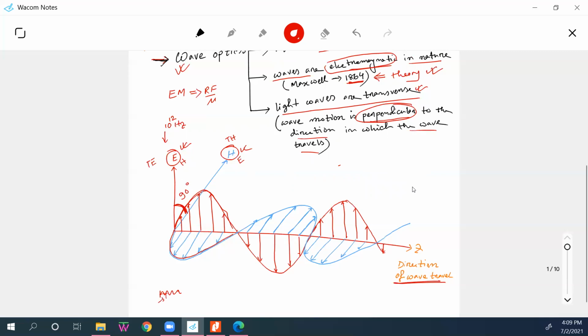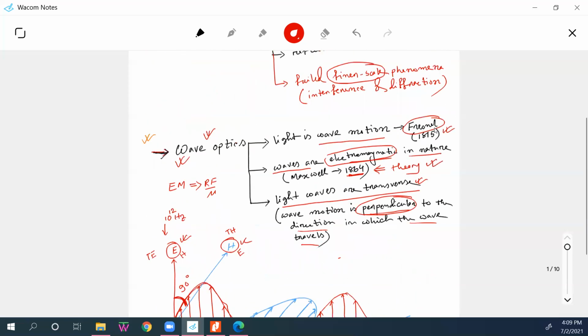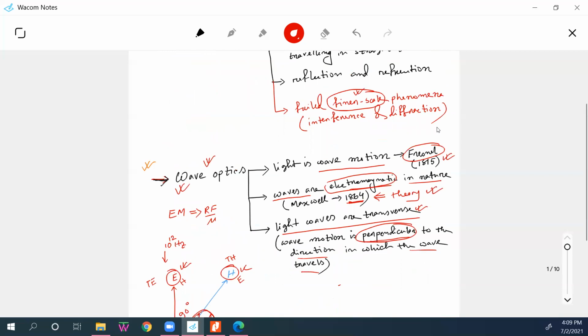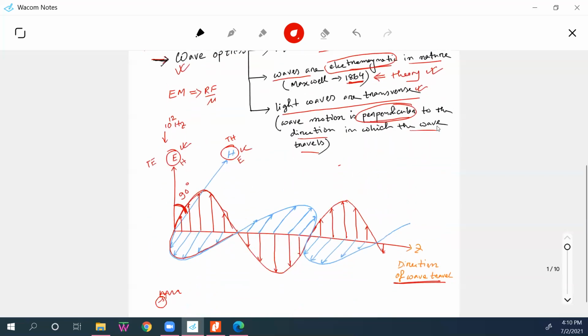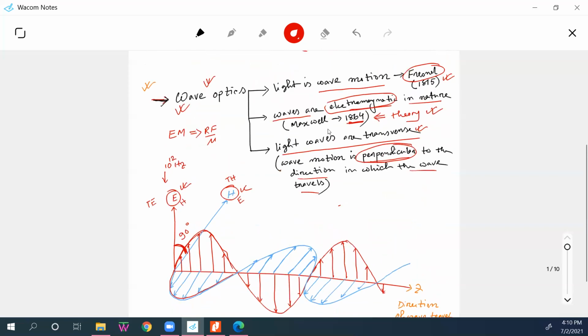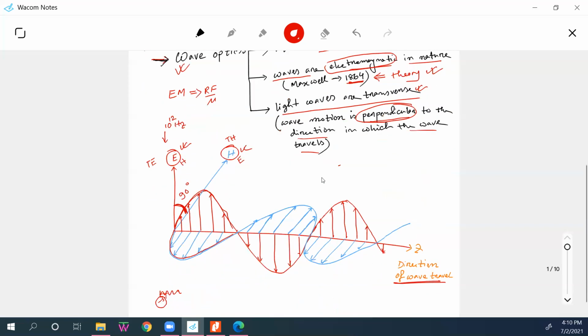If this is very small, then that is what we mean by the finer scale. When this is very small, then wave optics comes in, and the phenomenon is like this.